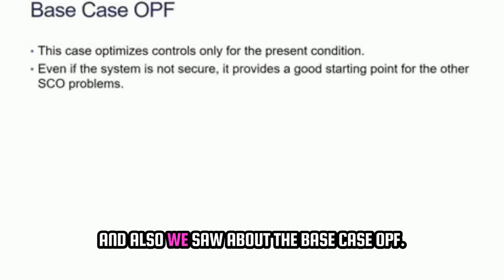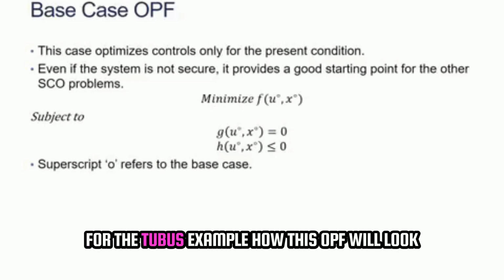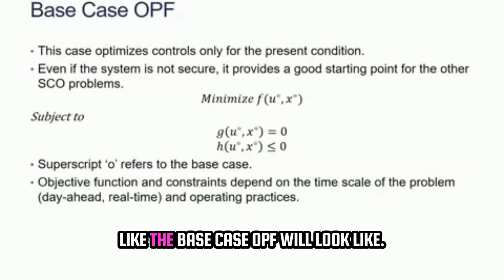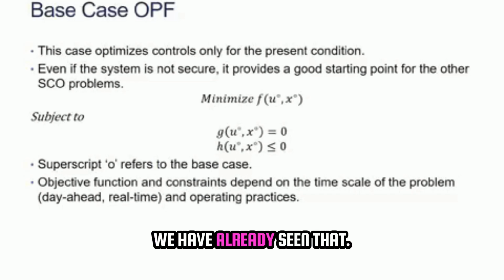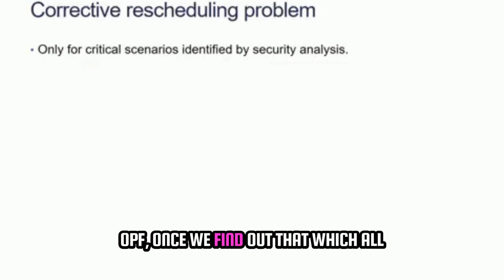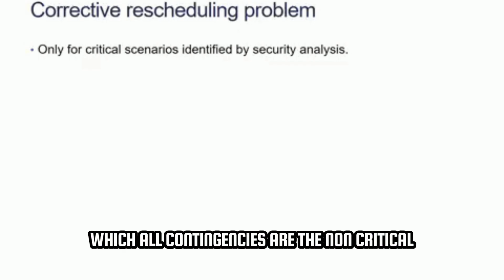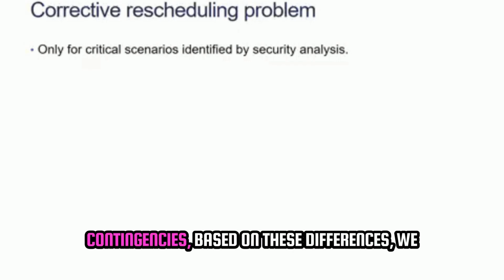And also we saw the base case OPF. I have already shown you a basic 2-bus example of how the base case OPF will look. Once we do this base case OPF, we find out which contingencies are critical and which are non-critical.